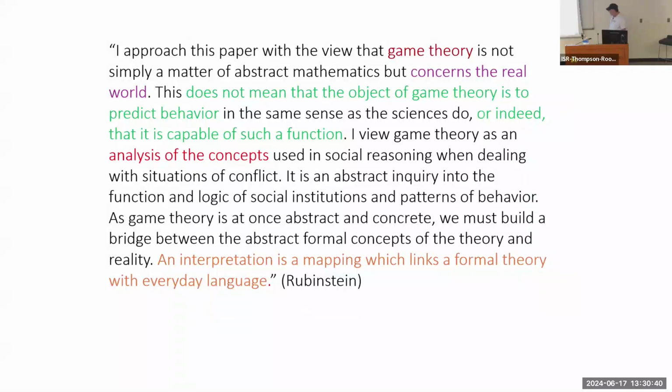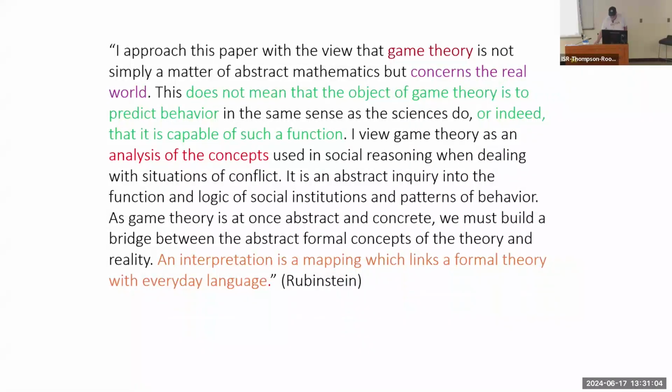What we're interested in is how do we get an interpretation like this that gets us from math to ordinary language and back again, right? And that's, I think, a crucially important undertaking in social science that's mostly ignored.